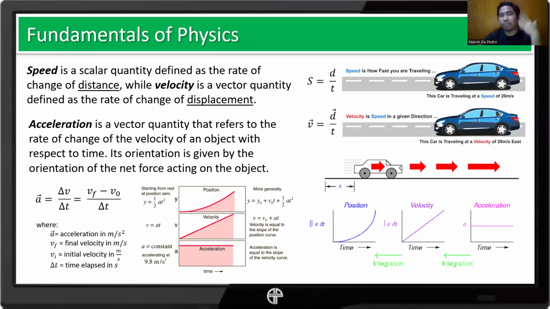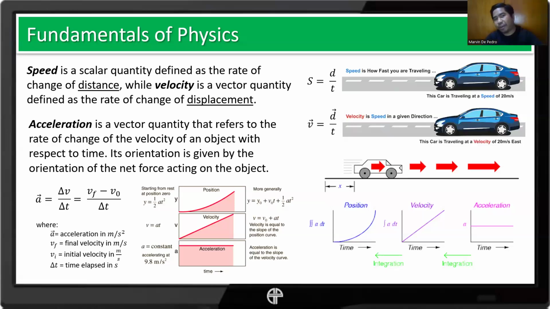It doesn't matter which direction it goes when we say speed. But when we say velocity, 5 meters per second to the west is not the same as 5 meters per second to the east, or even to the north, or to the south. So velocity is more specific, right?